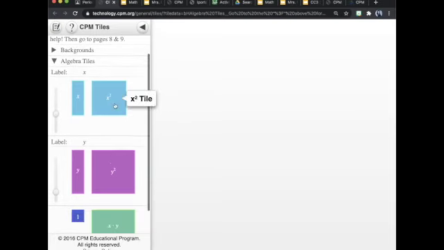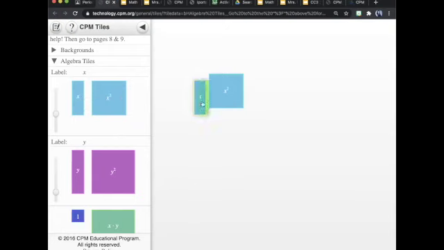So you would create your own shape, whatever you want to create. It's up to you. So you would create whatever you want, and then you would copy it onto your physical notebook.